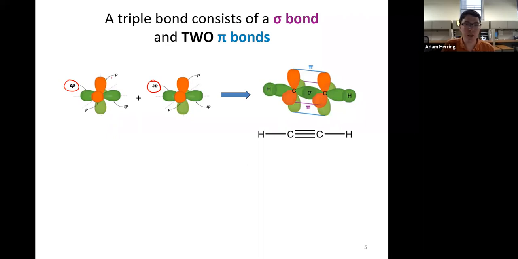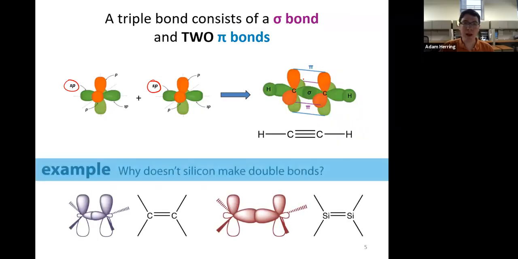Each set of p orbitals will interact with the paired p orbital on the adjacent atom. As those overlap, those form a pi bond. So we would have a pi bond that exists up above and below the carbon atoms in this case, and then on either side of the carbon atoms. So a triple bond consists of one sigma and two pi bonds.